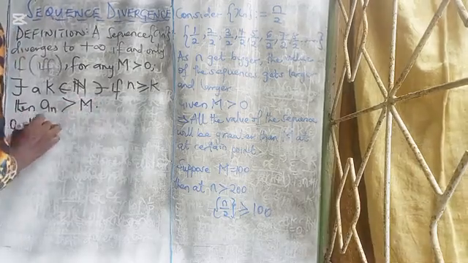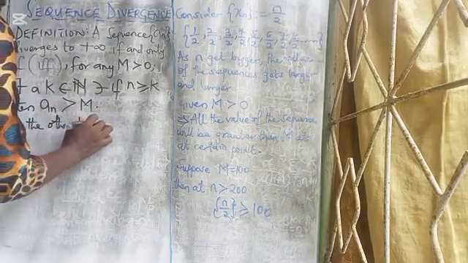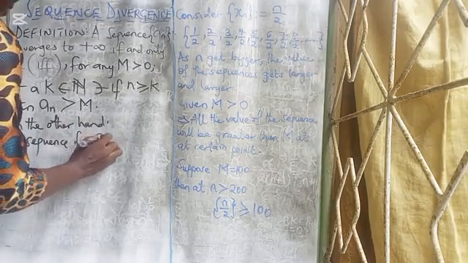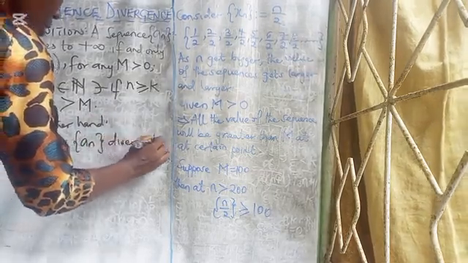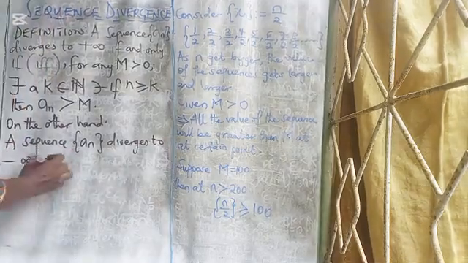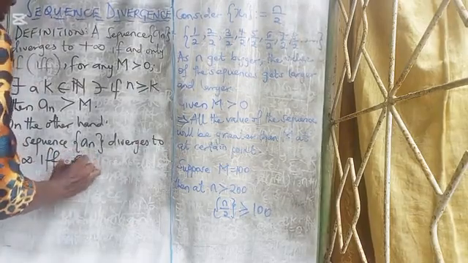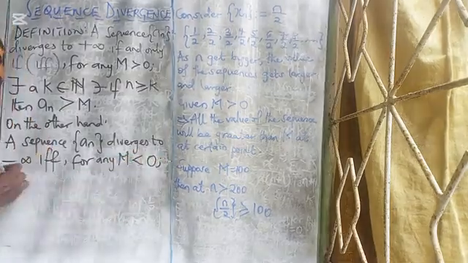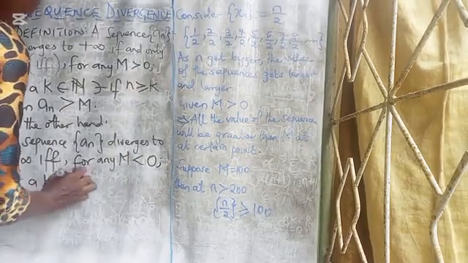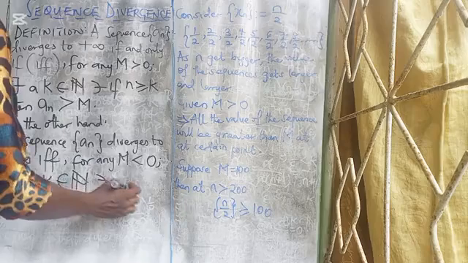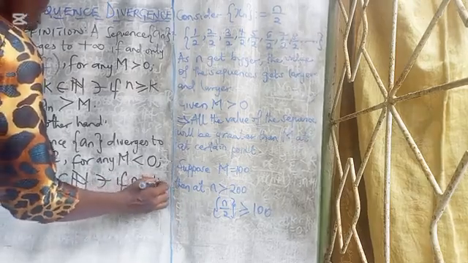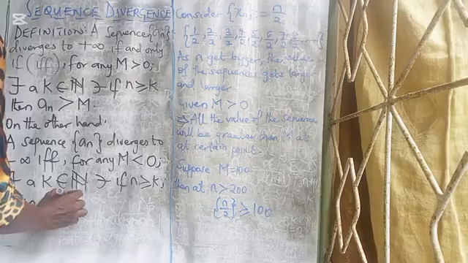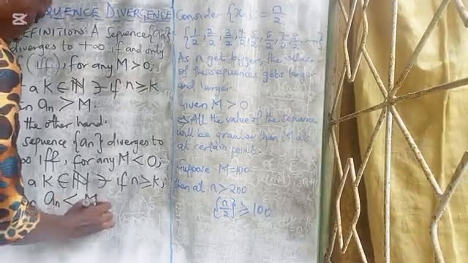On the other hand, a sequence a_n diverges to negative infinity if and only if for any m less than 0, there exists a k belonging to the set of natural numbers such that if n is greater than or equal to k, then the sequence a_n will be less than m.